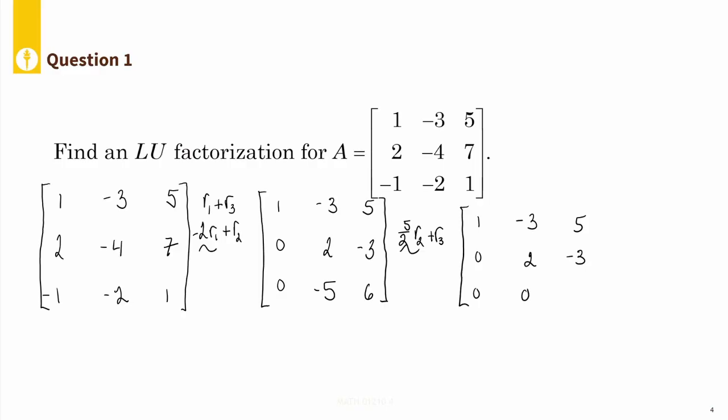Zero. Negative 15 halves plus 6, negative 3 halves. There's your U.